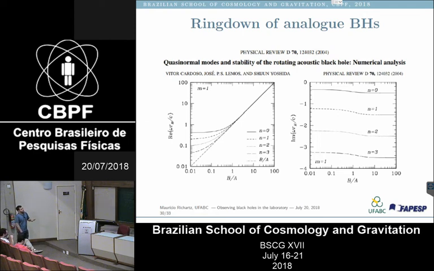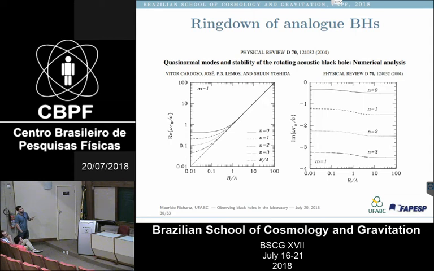So here are some plots for these analog black holes where we see the oscillation frequency as a function of the rotation speed of the analog black hole, of the vortex. And here the same thing, but instead of the real frequency, you have the imaginary frequency. So what you're seeing here is how fast the modes decay in time.